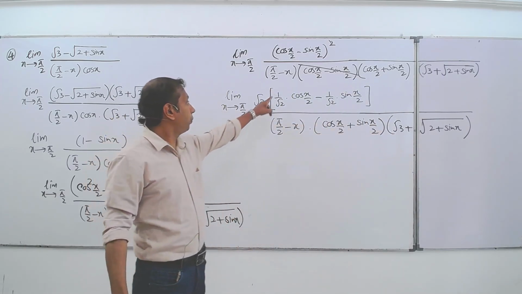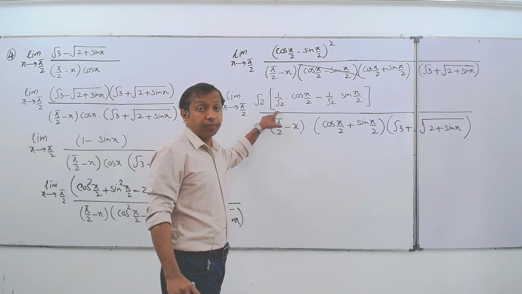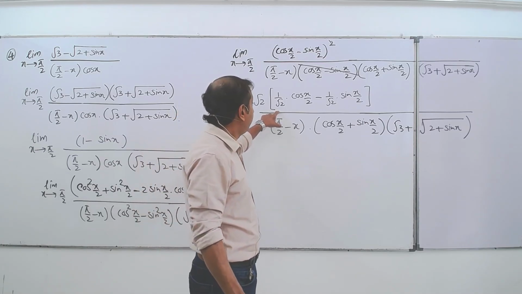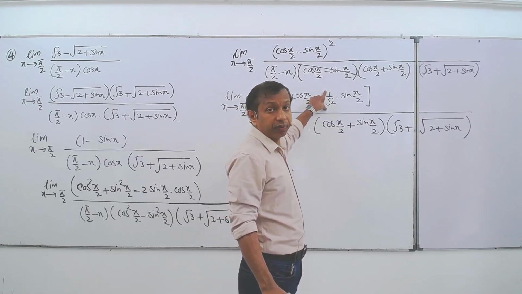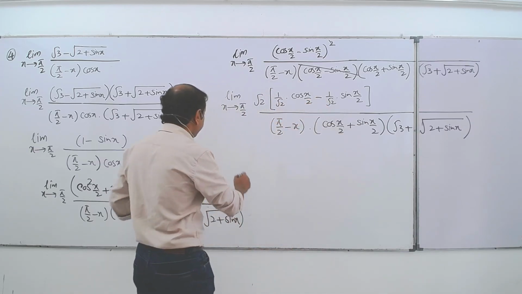Now, this 1 over root 2 I can write as sin pi by 4. Then this one I can write as cos pi by 4. Right.